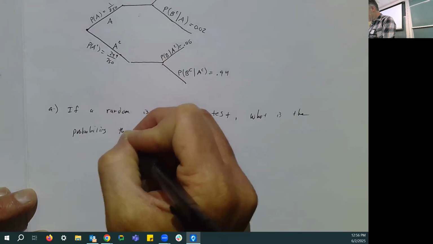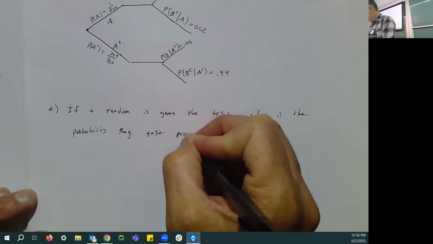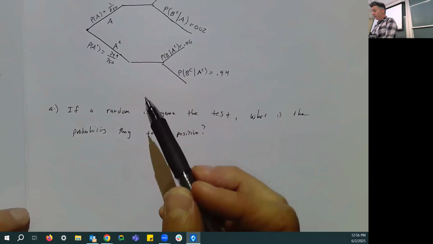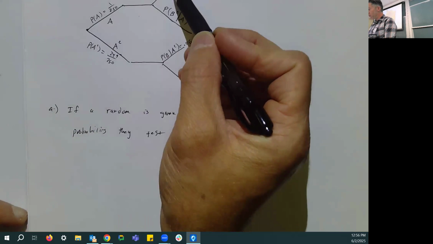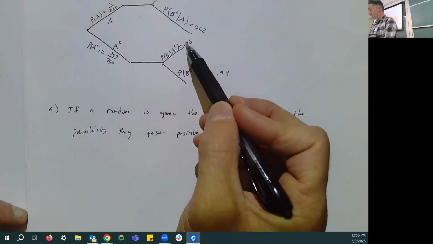Okay, this is where things get easy if we use the tree. When I find the probability of testing positive, it's just all the pathways that get me to a positive result. There's one pathway here, B is a positive test, and there's another pathway here.